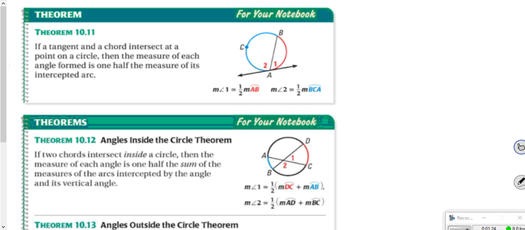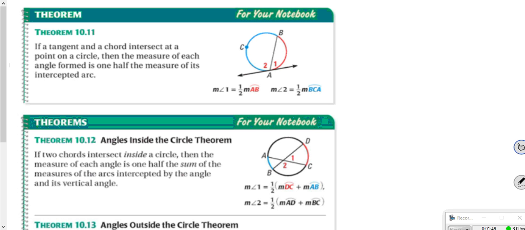And chords, remember, are segments whose endpoints are on the circle. The chord goes through the interior of a circle, but the endpoints are on the circle. A secant is a line that cuts all the way through a circle. So a chord is a segment, a secant is a line that goes all the way through. It keeps going. Just a few little reminders there.